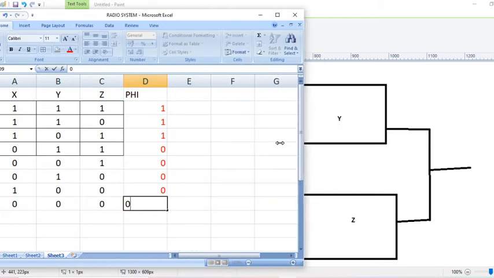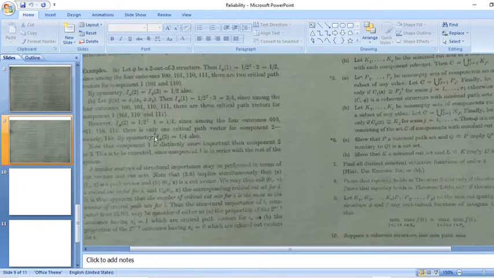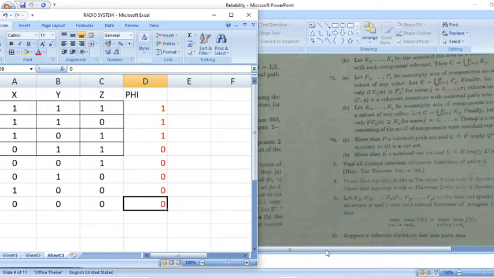Now let us look at the critical vectors corresponding to component 1. Let us take element I equal to 1. How many components are there with I equal to 1?